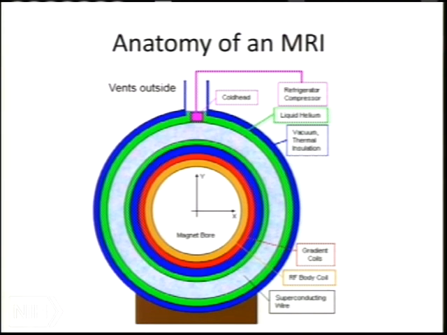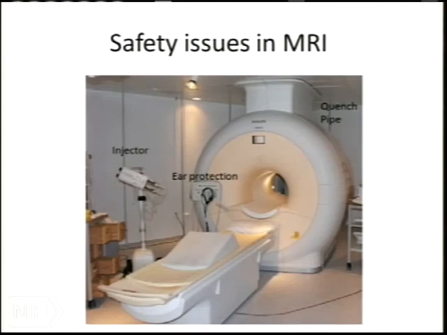So you charge up the magnet at high energy, and then you keep it going by cooling it down to liquid helium levels. So we have something called a cold head, a refrigerator compressor, and then this liquid helium that wraps around the actual coils to keep them very cold. And then the patient, of course, goes in here. The magnetic field is generated by this superconducting wire that has a lot of current going through it.